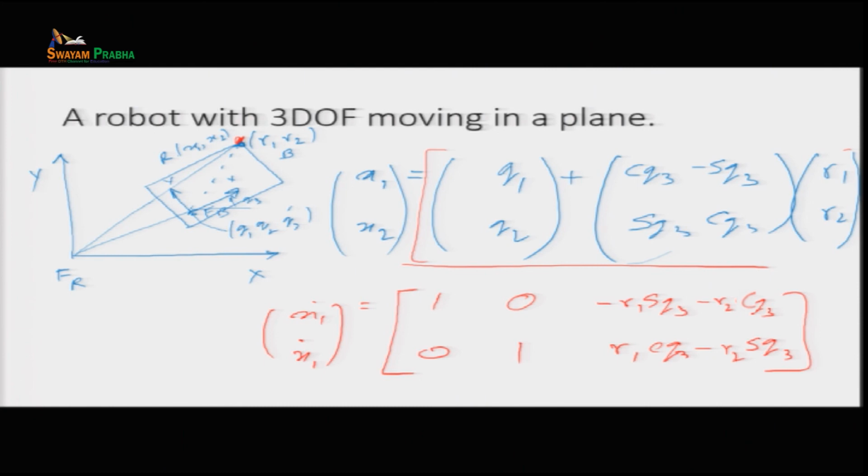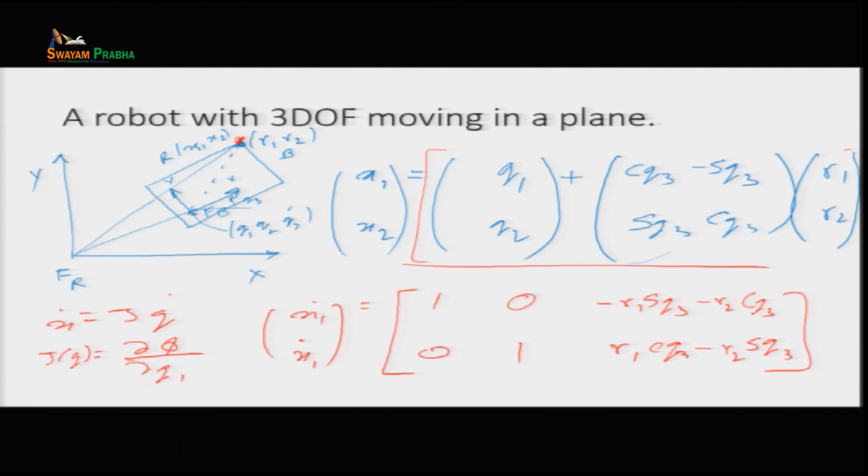This is what it becomes. So, how did I get that? So, x dot is equal to J into q dot, and J of q is equal to d phi by dq, which is given by this.